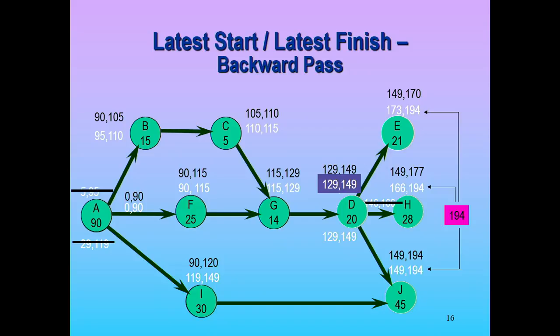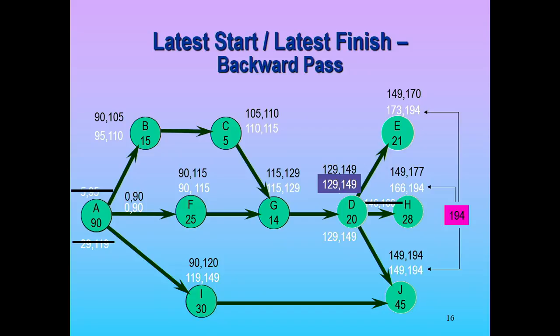Okay, so what does that tell us? Now for every activity, we have two start times and two finish times: an early start and an early finish. So let's look at activity C, for example. What's the difference between the late finish and the early finish? 5 days.